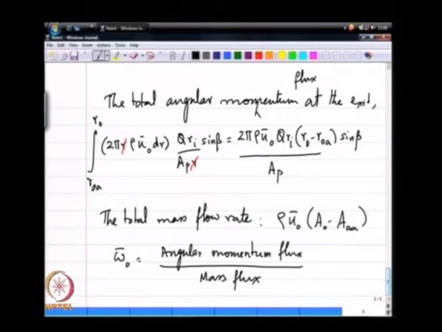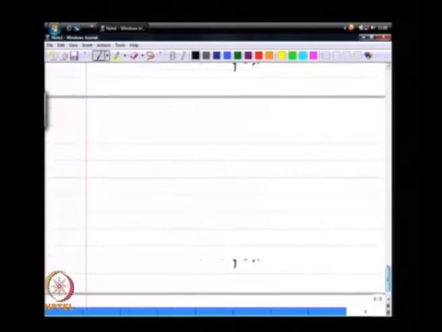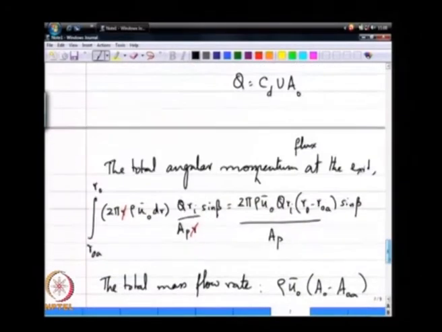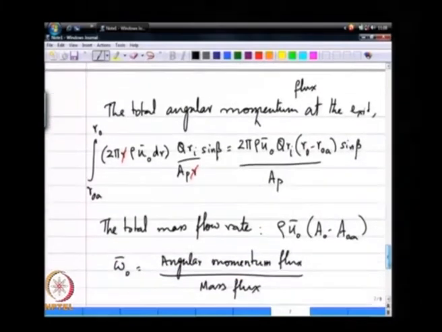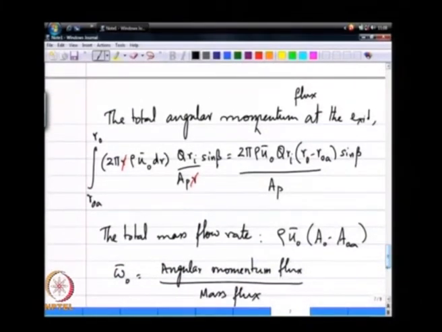The angular momentum flux, see the word, I am not being very careful here, flux is actually a word used to indicate per unit area. Okay.